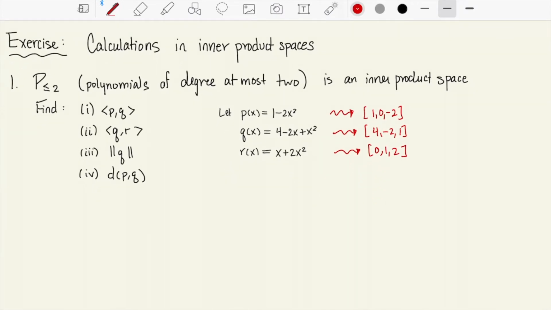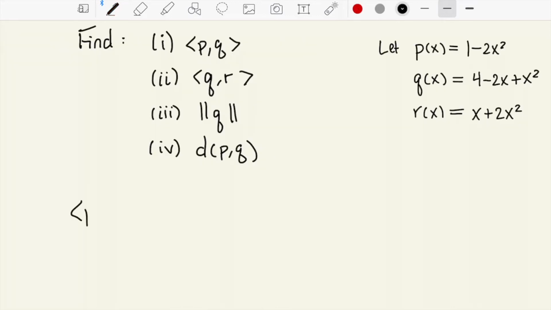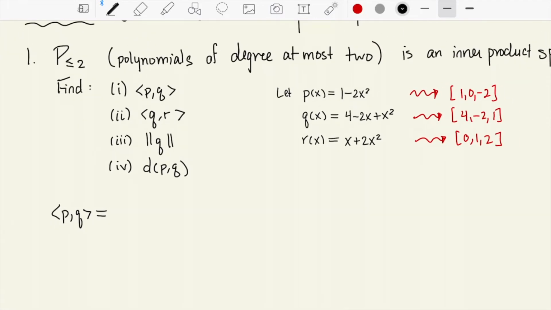Then I'm going to use the standard notion of a dot product to evaluate the inner product of P and Q, and Q and R. The inner product of P and Q then is the dot product of the two vectors 1, 0, minus 2 and 4, minus 2, 1. So that works out to be 4 plus 0 minus 2, which is 2.